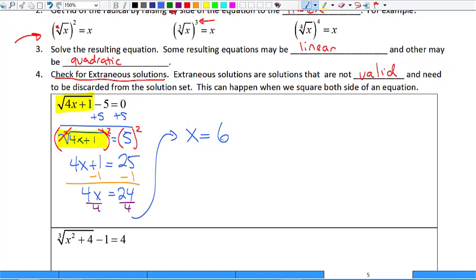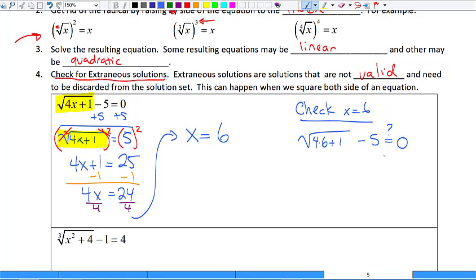I say potential because I have to do step 4, check for extraneous solutions. There is no shortcut here. I just have to check all of my answers. In this case, I only have one answer, which is nice. So I have the square root of 4 times x, but x is now 6, plus 1, minus 5 is supposedly equal to 0. I say supposedly because I don't actually know if it's right or wrong.